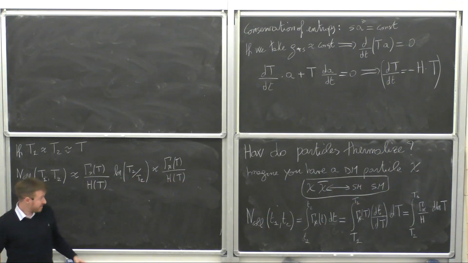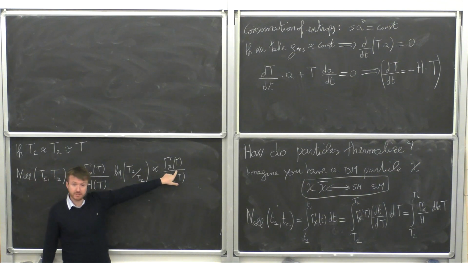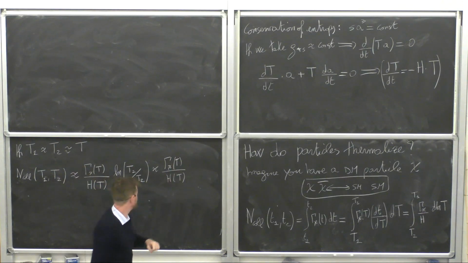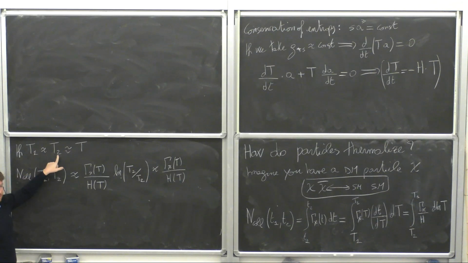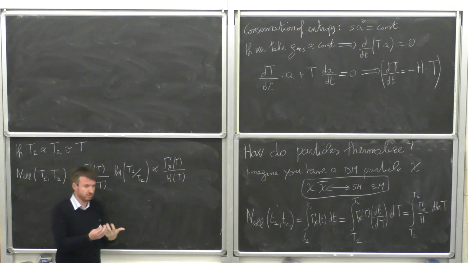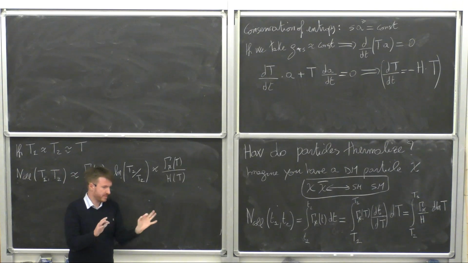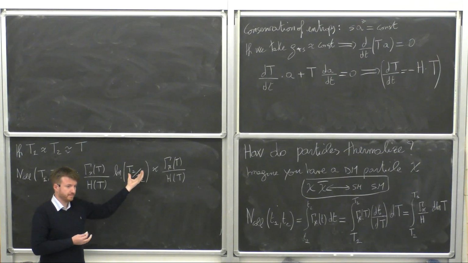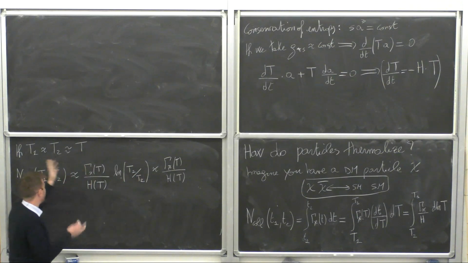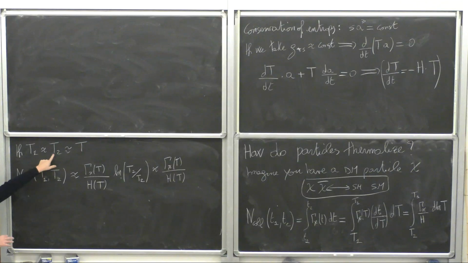Okay, so now imagine that you find that this ratio is less than 1. What does it mean? Because these two temperatures are very close to each other, close to each other means within a factor of a few, not a percent difference. So this log is an order 1 number. Let's take this example, T1 equal to twice T2.